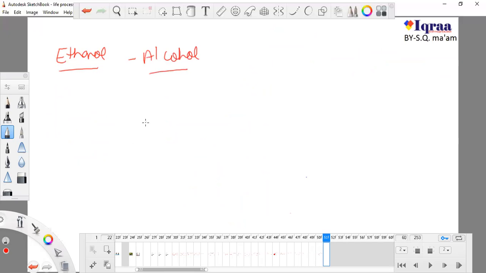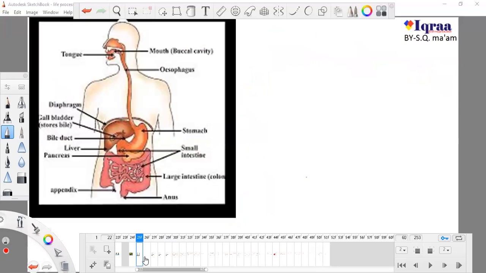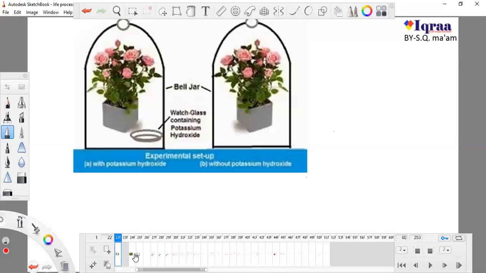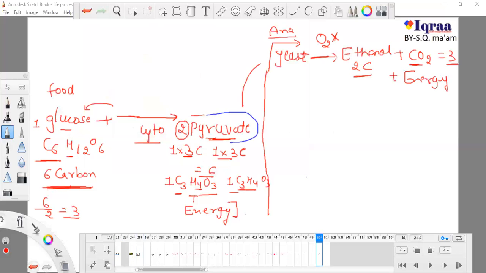So if this is a flask and I use any type of sugar, which is glucose, and I put in yeast, I told you yesterday what yeast looks like, if you remember the photo. I think it is lost somewhere, otherwise I would draw it.